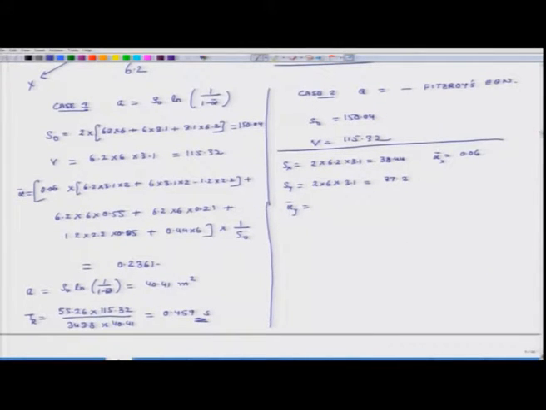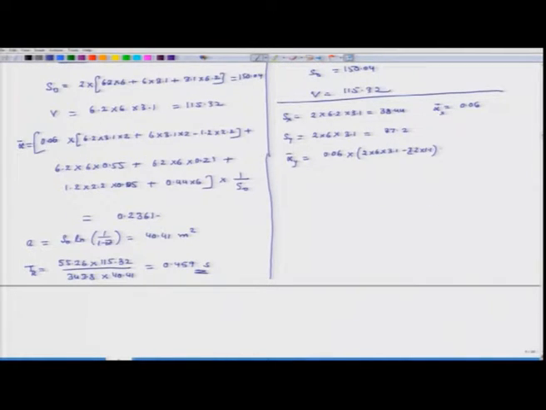Now, we will do the calculation for the y direction. Okay. So, the surface absorption coefficient in the y direction is 0.06 times 2 into 6 into 3.1 minus the area of the door. So, what is the area of the door? 1.1 times 2.2, I think.